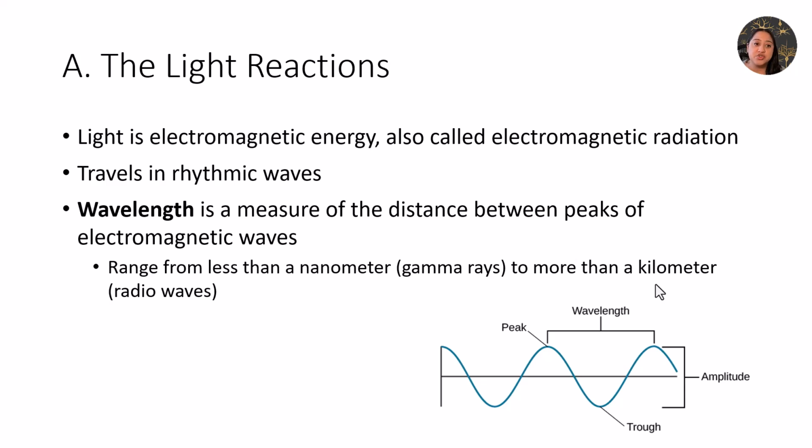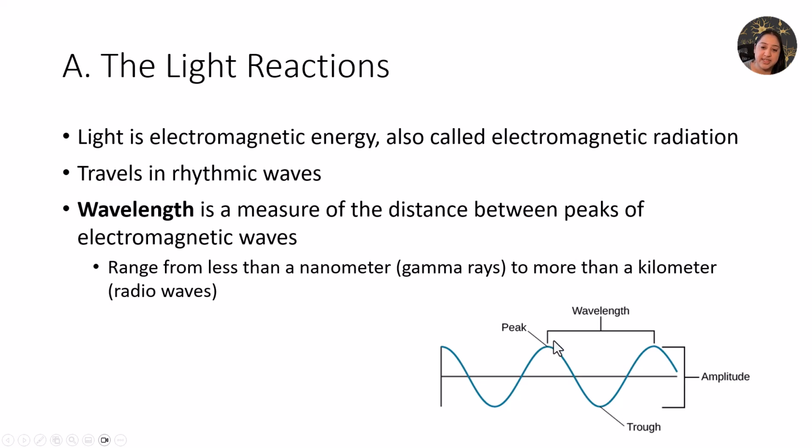And it travels in rhythmic waves. Wavelength is a measure of the distance between peaks of electromagnetic waves. This is a representation of the figure of waves. The peak is the topmost part, and the trough is the bottom.